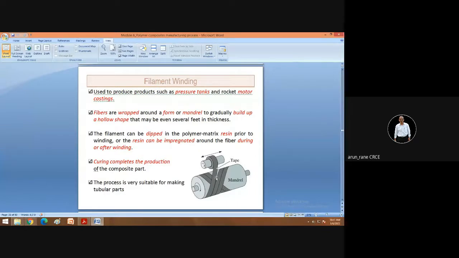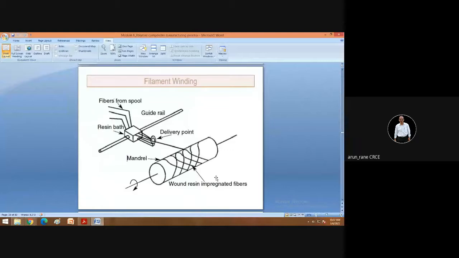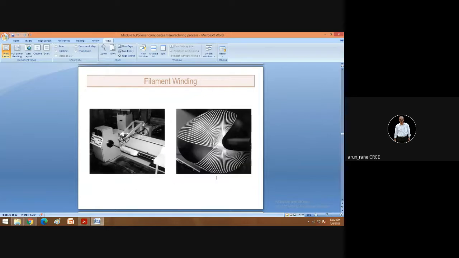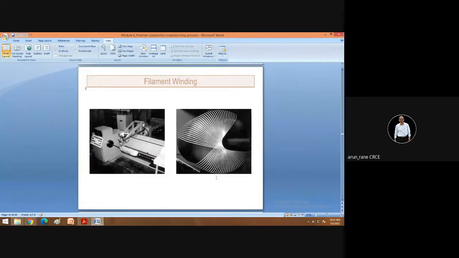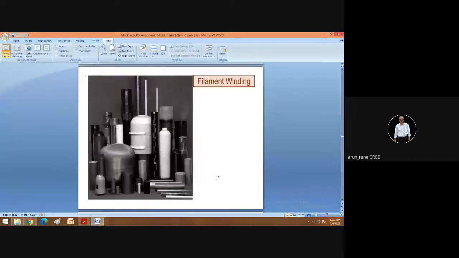Then the next composite manufacturing process is filament winding. So this is used to produce parts like pressure tanks, motor casings, big parts. This is the process of filament winding. You can see how the filaments are wound so that you can get a tank like this.